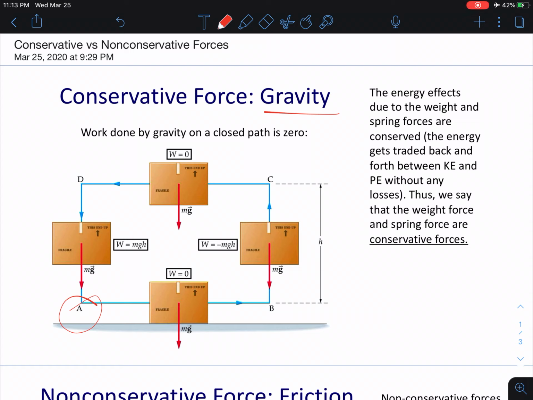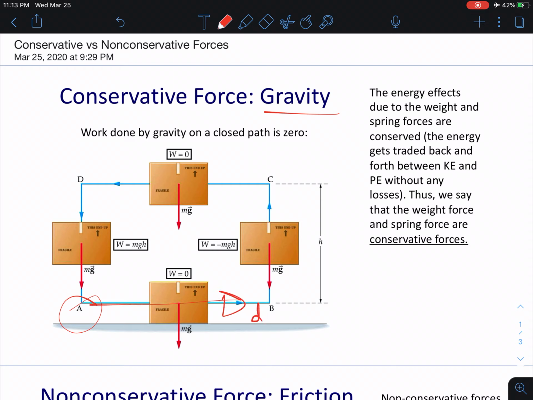When you go from A to B, you are going in this direction. That is your d, and the weight force is going down. The angle between them is 90 degrees. Cosine 90 gives you 0, right? So from A to B, the work done is 0.